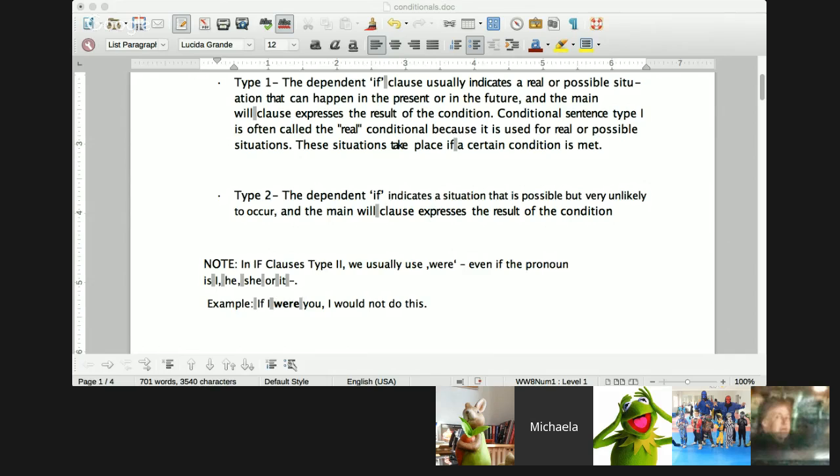Yeah, it's one of those things where you can see the evolution of English a little bit. Even though technically were is the only super grammatically correct form, if you look at an English textbook, you're probably only going to find if I were you, not if I was you.